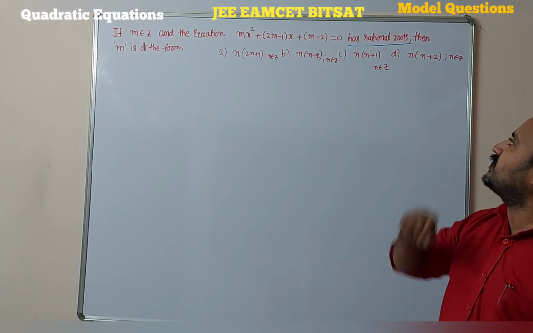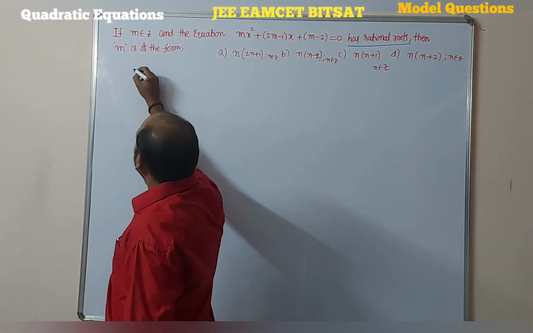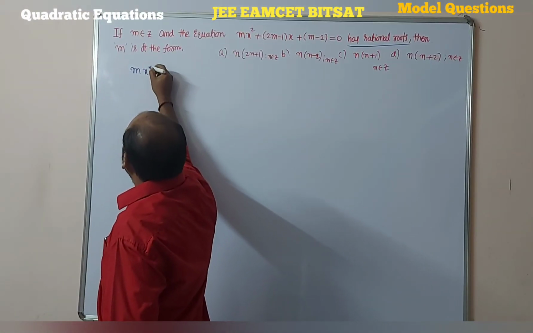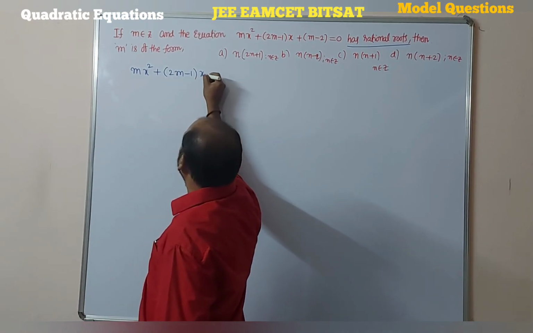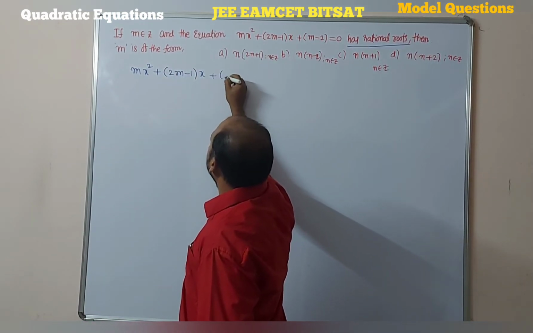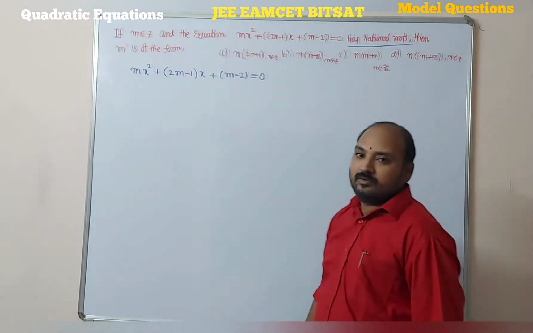The quadratic equation, first you write the quadratic equation here, mx square plus 2m minus 1 into x plus m minus 2 equal to 0 is a quadratic equation.